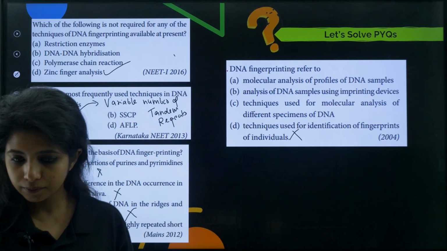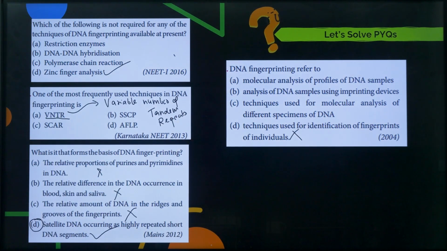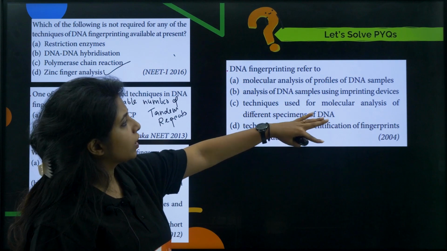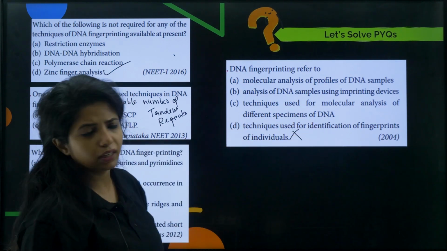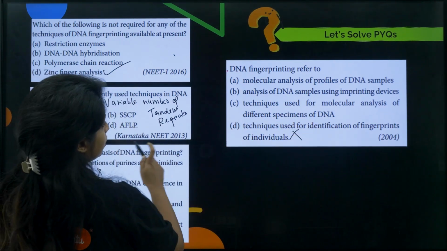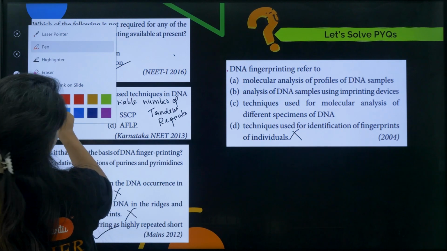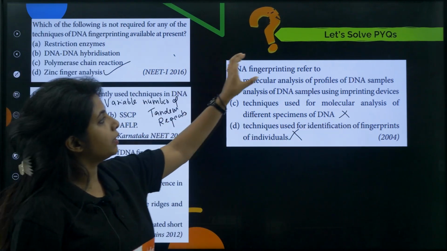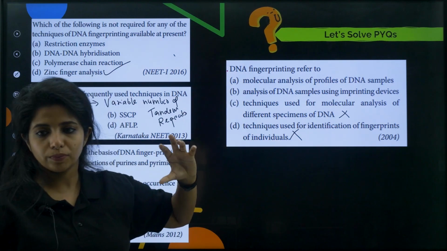Children, just a second. Yes, so D is not the answer. Now, technique used for molecular analysis of different specimens of DNA. Do you mean your DNA fingerprinting means that? No, children. You cannot combine DNA fingerprinting as a technique or something like that.